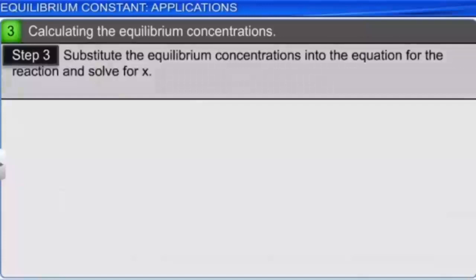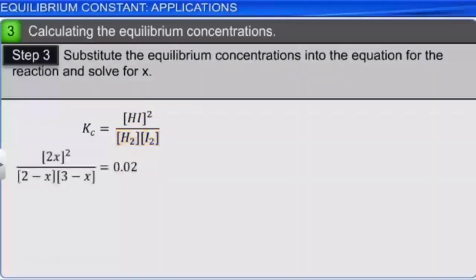The equilibrium equation for the reaction is Kc is equal to the concentration of hydrogen iodide raised to the power of 2 divided by the product of the concentrations of hydrogen and iodine. On substituting the equilibrium concentrations and the value of the equilibrium constant in the equation, we get 2x square divided by 2 minus x multiplied by 3 minus x is equal to 0.02.